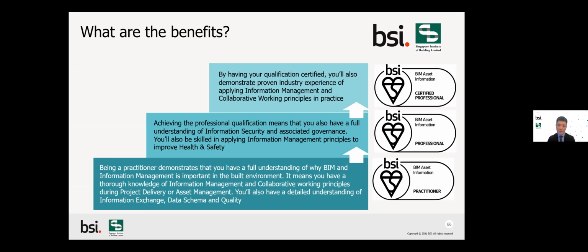Subsequently, when you are able to apply for BIM asset information, for example, on a professional level, whether it's asset or project information, it means that you have understood beyond what the basic BIM requirements will require you to do, as well as the additional information that is required, including using BIM to improve health and safety. And lastly, this is the certified stage, the one on the top, which means you have proven that you have industry experience and are able to apply BIM in actual practice. So I'll share more on the certification criteria in the next slide.